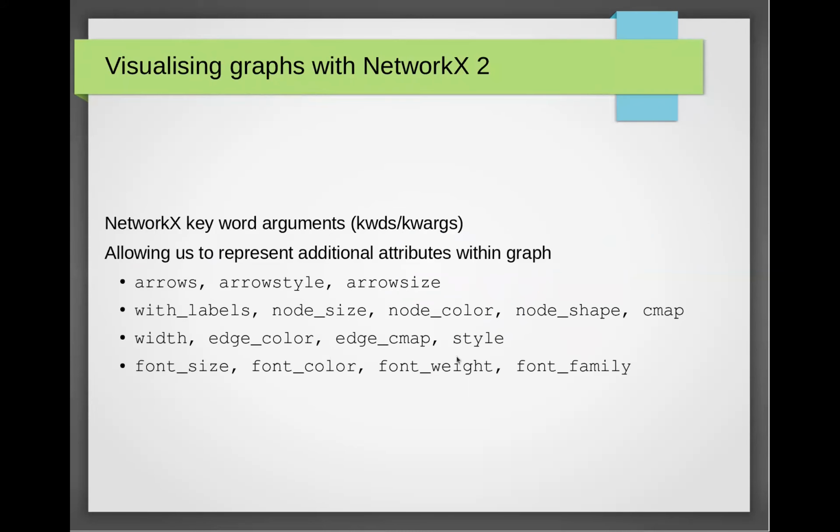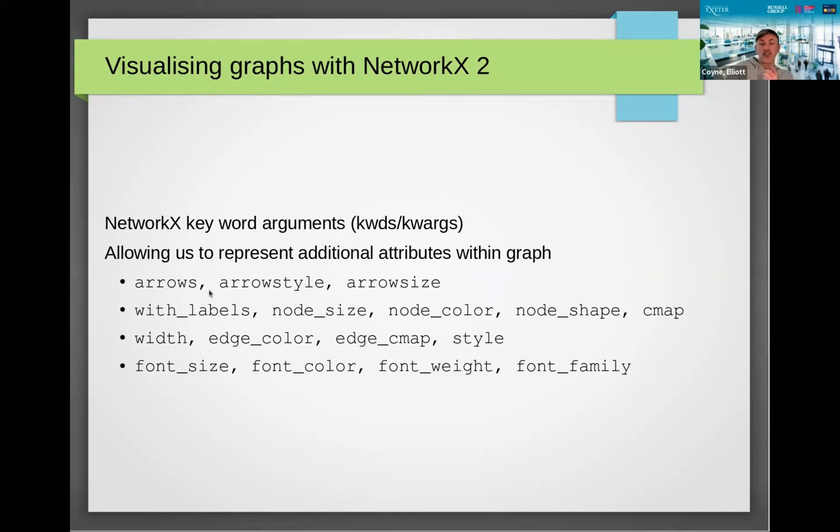So the arguments that we can consider will be related to, for example, the edges. We can look at arrows, the type of arrows, the style, the arrow size, going from a directed graph. For the nodes, we can consider, do we want the labels to be printed?